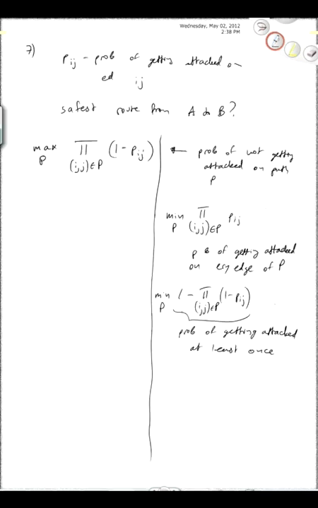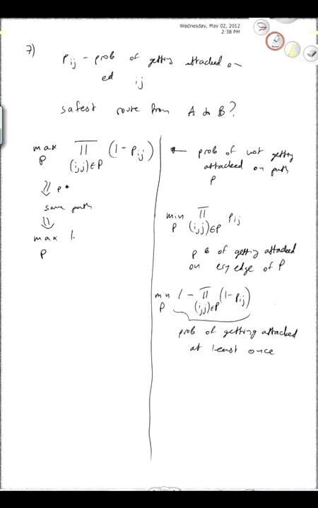So going back to this problem of trying to find the path that gives us the safest route, if I have some kind of path p star that gives us the safest number over here, then the same path is going to maximize the following quantity.